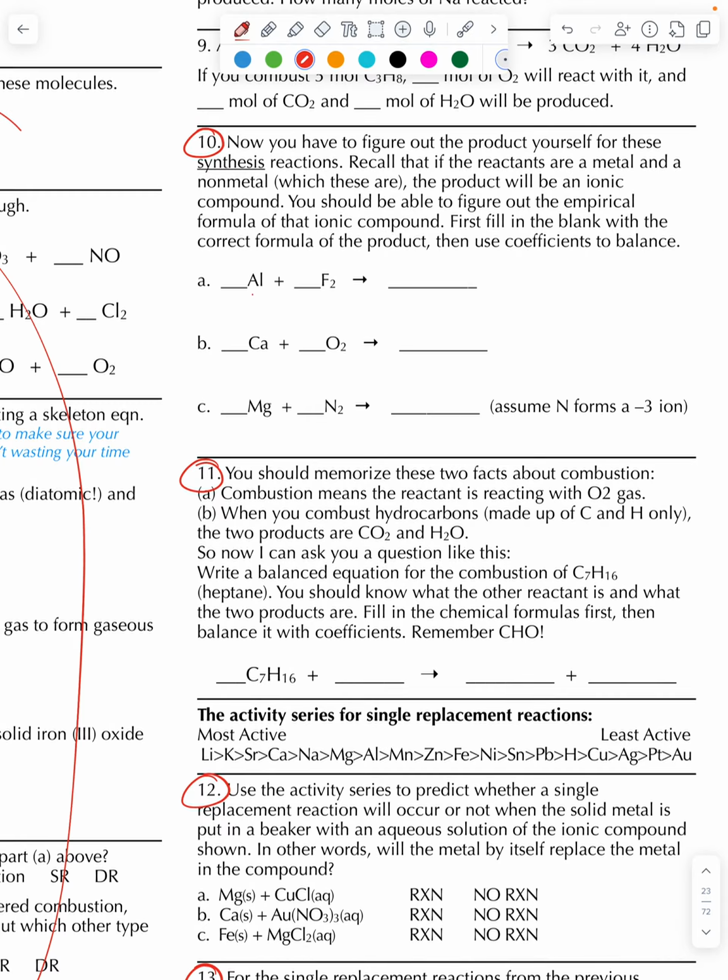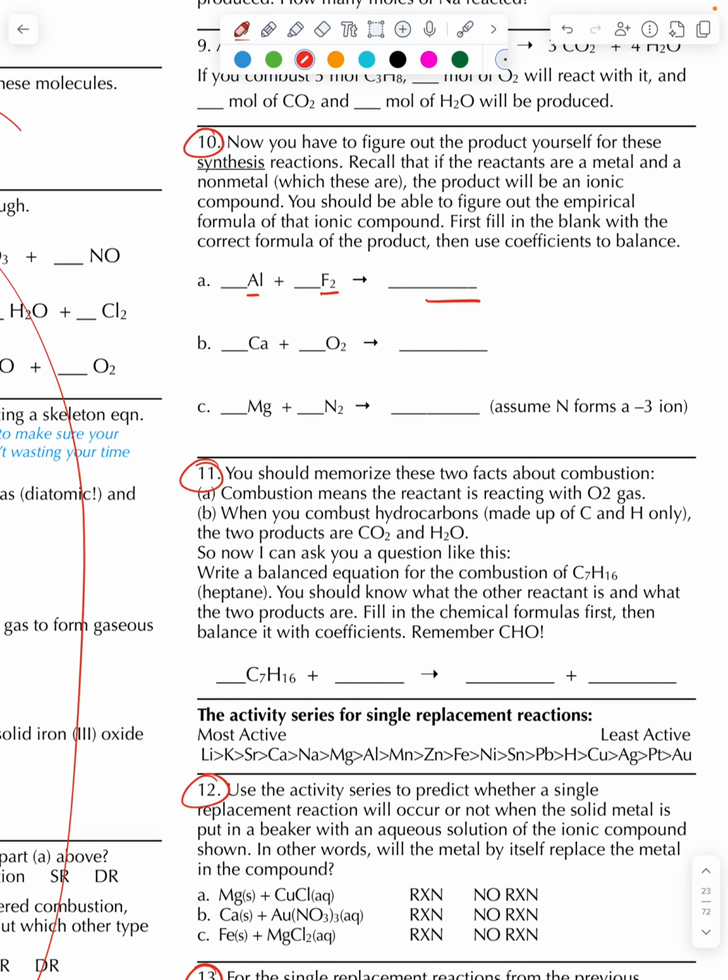I told you that if I do a synthesis between a metal and a nonmetal, we could predict the formula of the product. Now the idea is, it's just like one of those old questions from, I think, the second unit, where I said, what is the chemical formula of the ionic compound formed between such and such metal and such nonmetal?